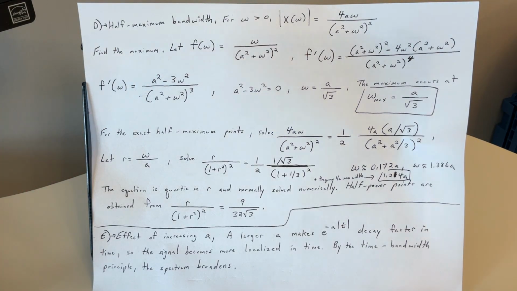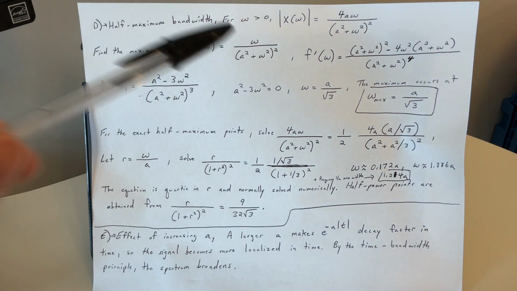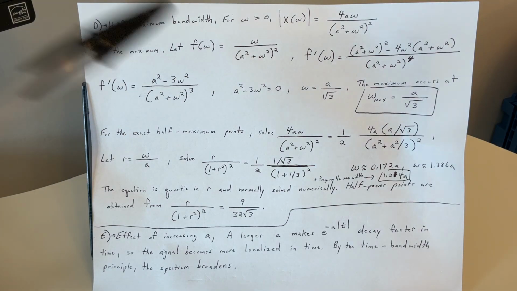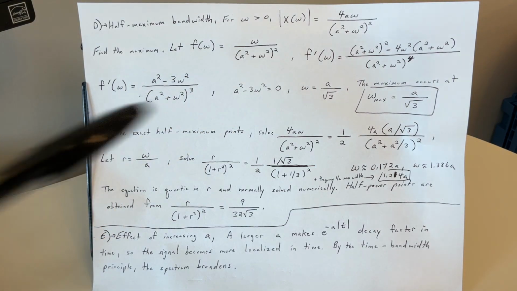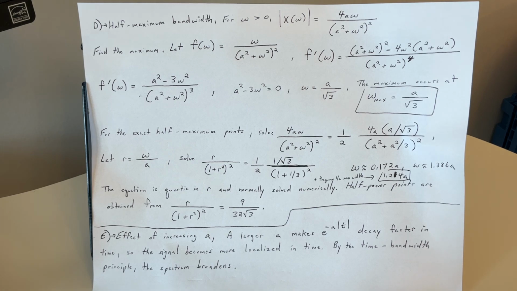Finding the maximum, we let f of omega equal omega over quantity a squared plus omega squared, squared. Taking the derivative using the quotient rule, we get a squared plus omega squared, squared minus 4 omega squared times the quantity a squared plus omega squared, over a squared plus omega squared to the 4th.